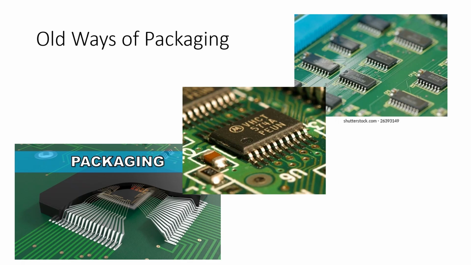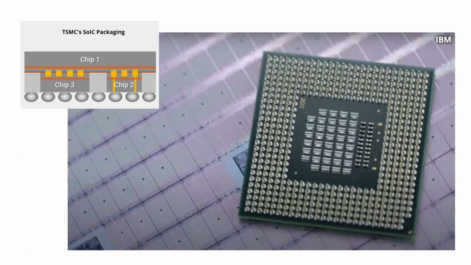The old way of packaging involves putting the silicon in a package. The package is coated with plastic material and therefore very secure. And each individual package can be soldered on a PC board and so on. Newer technologies actually have fancier packaging.